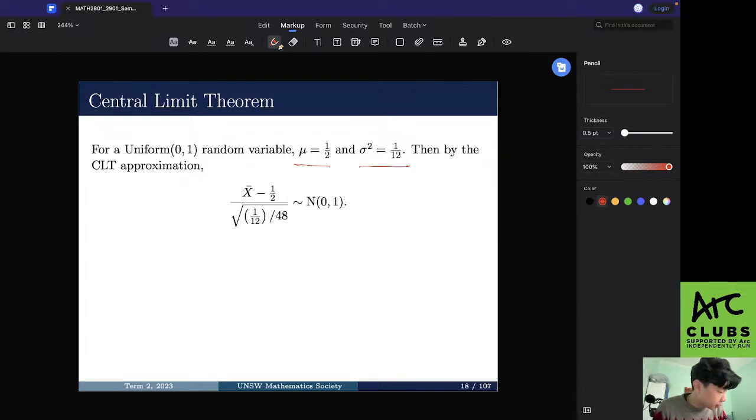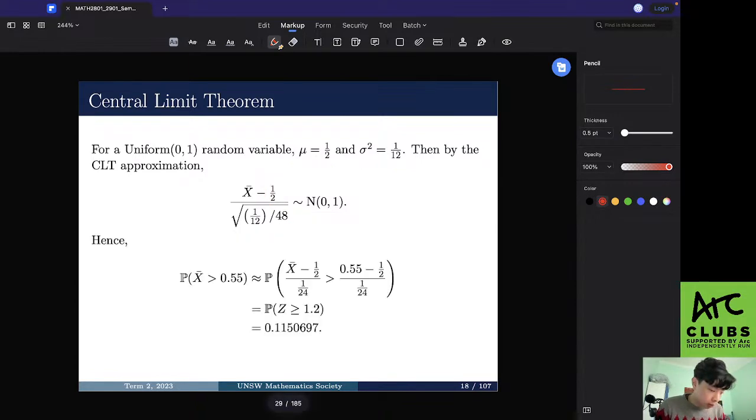And then we can use central limit theorem to show that since 48 is a relatively large number, the mean minus mu, which is a half, over sigma on root n, which is root 1/12 over root 48, is approximately equivalent to a normal distribution with mean 0 and standard deviation 1.